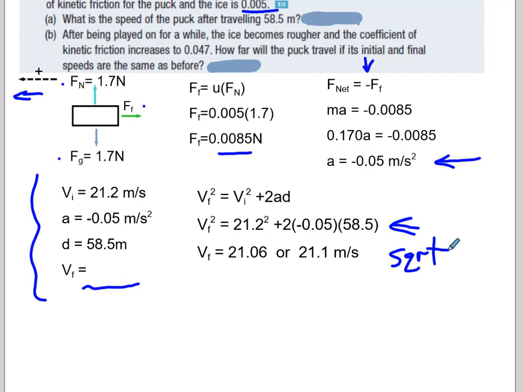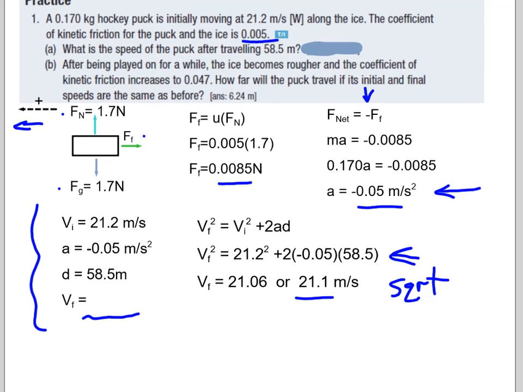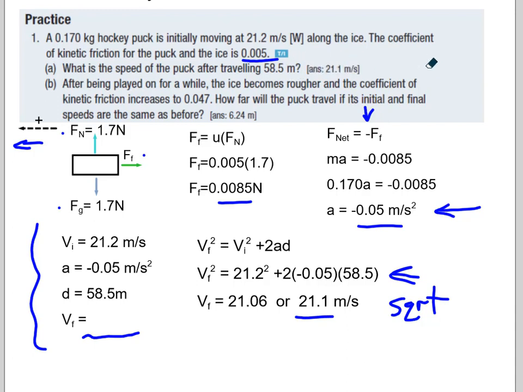You end up with 21.06 or 21.1 meters per second. So you've had very little change in your velocity, and that's because you have a very small acceleration, in the opposite direction. So that's part here, 21.1 meters per second.